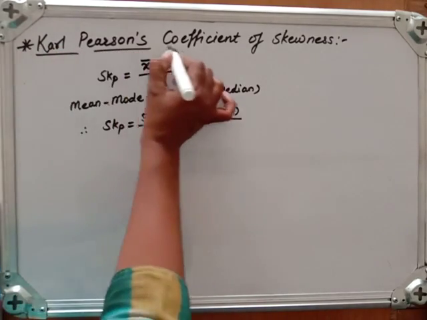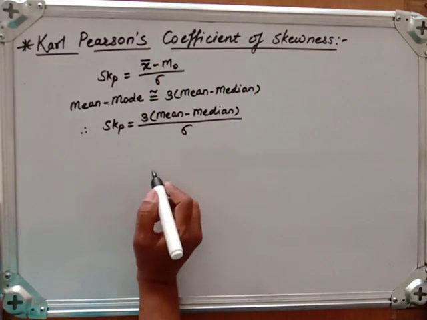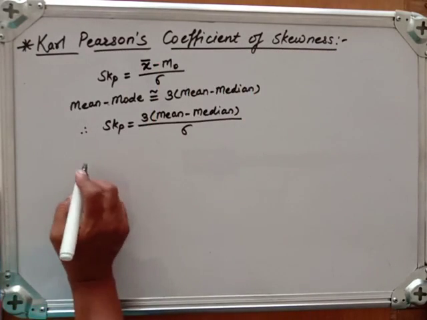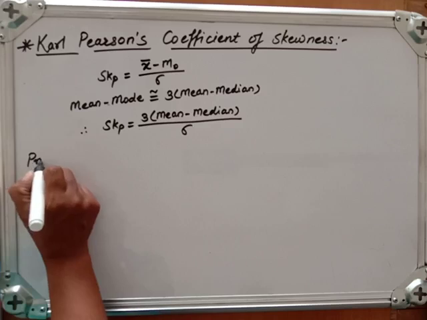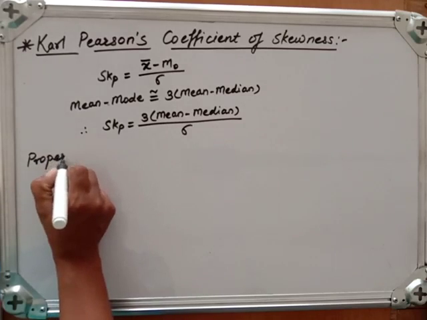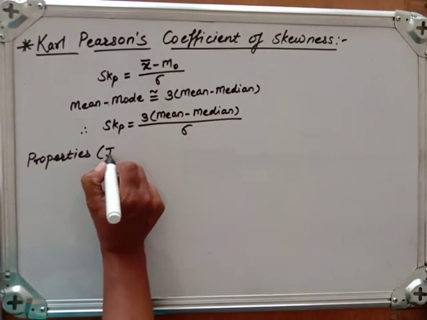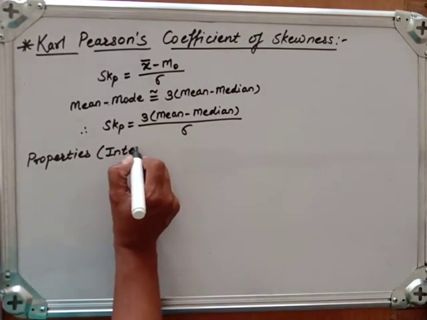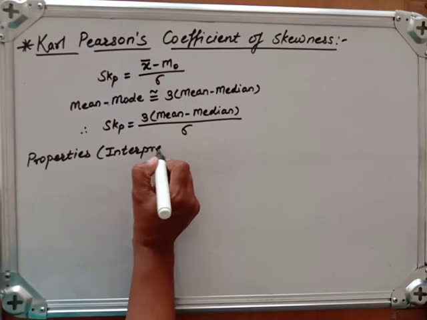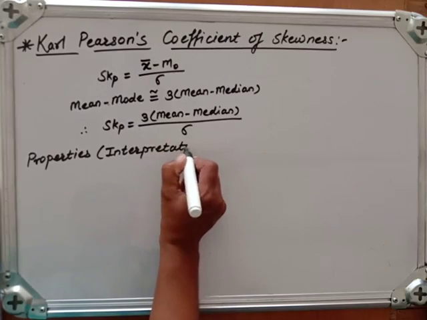Most probably its value lies between +1 and -1. Let us see the properties, or we can say the interpretation of this formula.